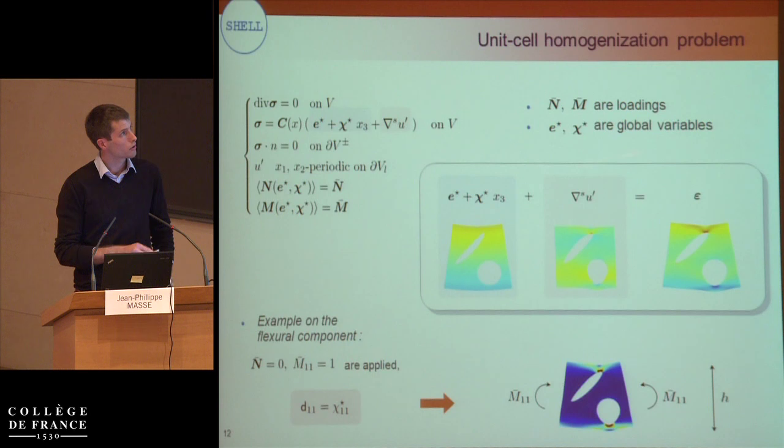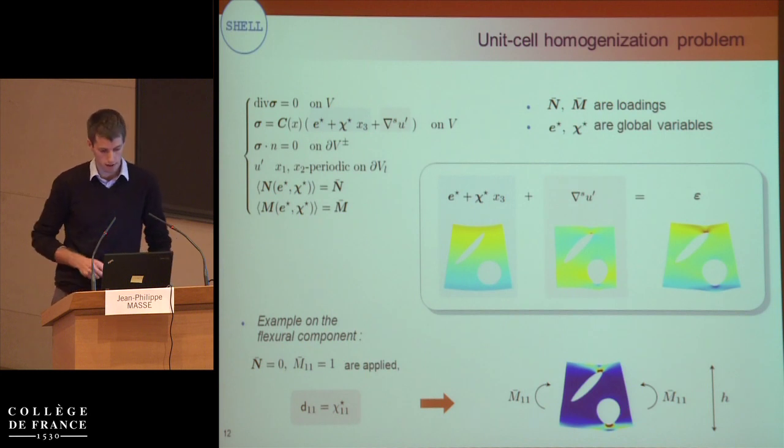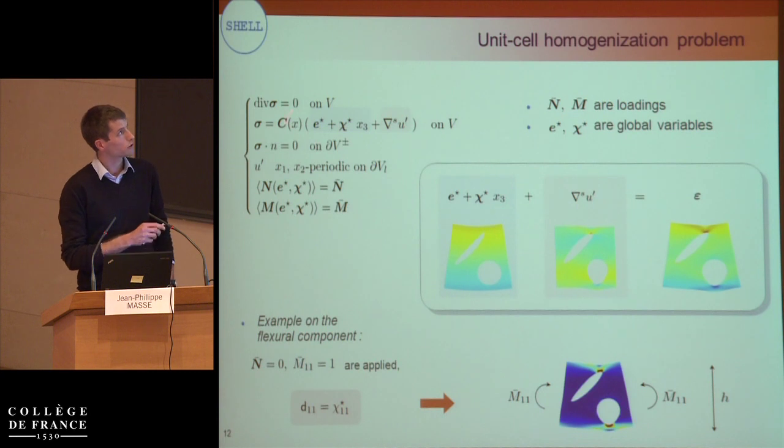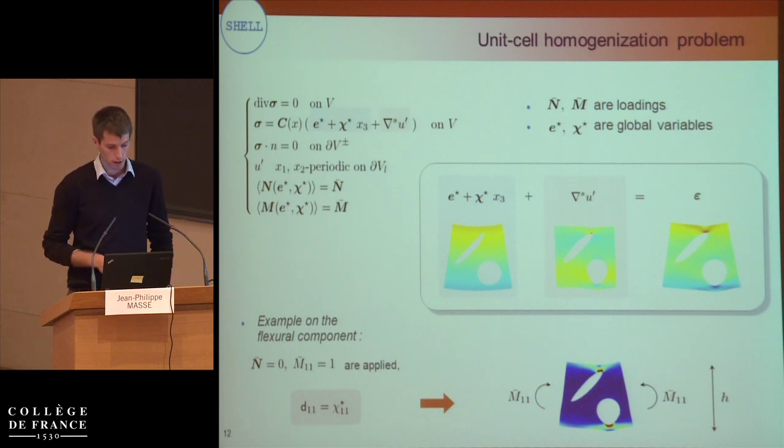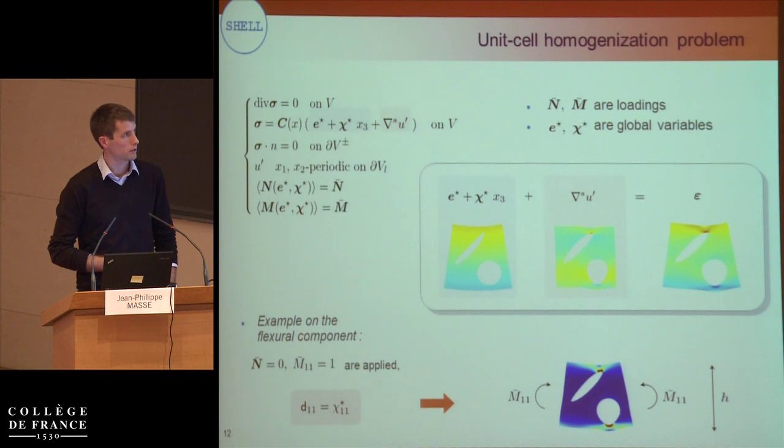This is done through global variables that are implemented in the strain expression, so that the unknowns of the problem are not the displacement or the strain, but the perturbation of the strain with respect to the homogeneous deformation of the unit cell. So we have here the global strain of the unit cell. It is the sum of this homogeneous solicitation and the perturbation due to the architecture.